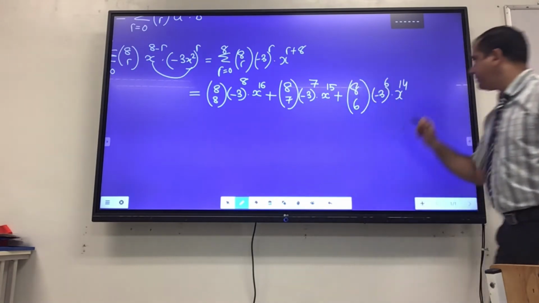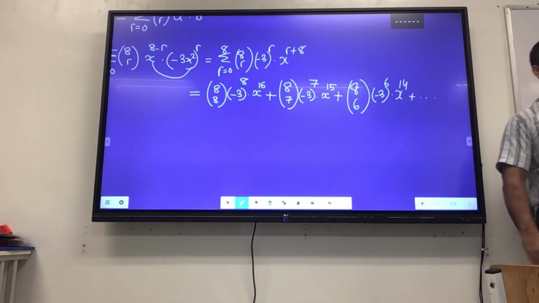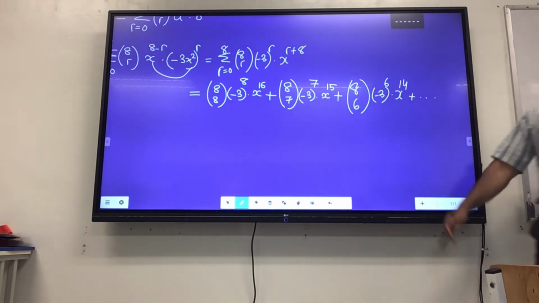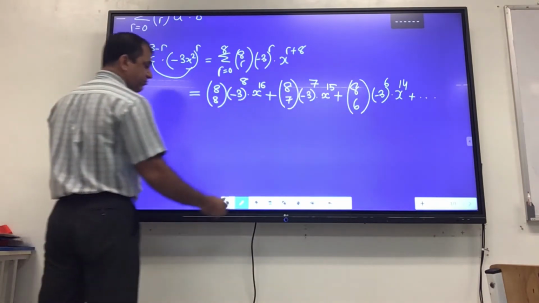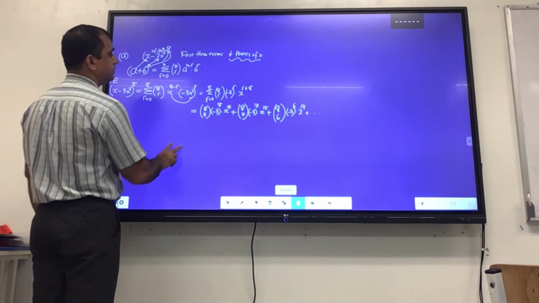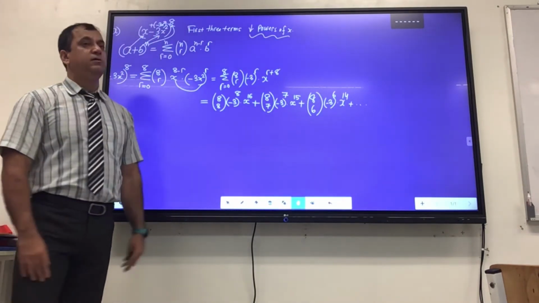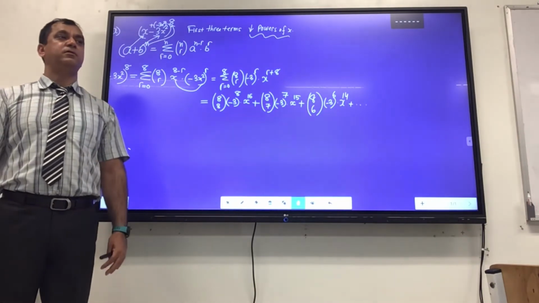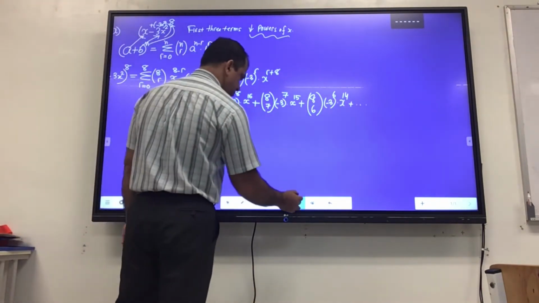I should write plus dot dot dot, so on until we put r equal to 0, but we don't need that, because in the question we need the first three terms with descending powers of x. So we got the first three terms now.